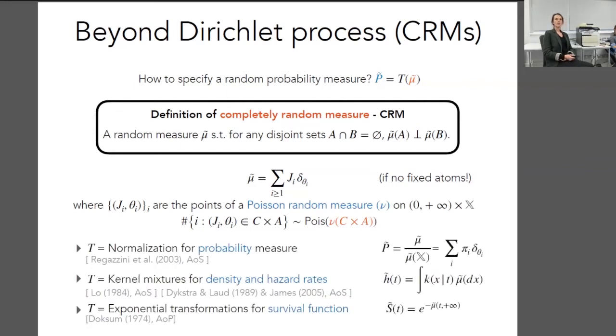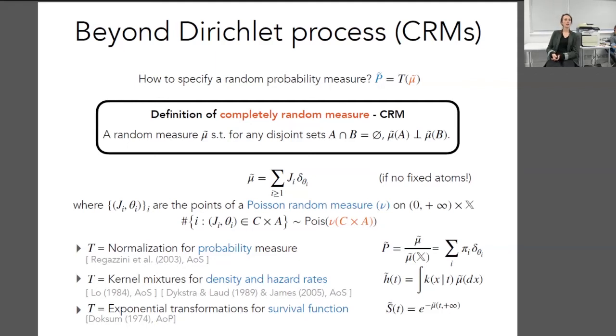Okay, and as for the kind of transformations of completely random measures that you can find in the literature, there are many possibilities. I'll just mention a few, which I believe are the most common ones. First of all, you can take a normalization of the random measure, so as to obtain a random probability measure. And one can actually show that if you start from a gamma completely random measure and you normalize it, you go back to the Dirichlet process.